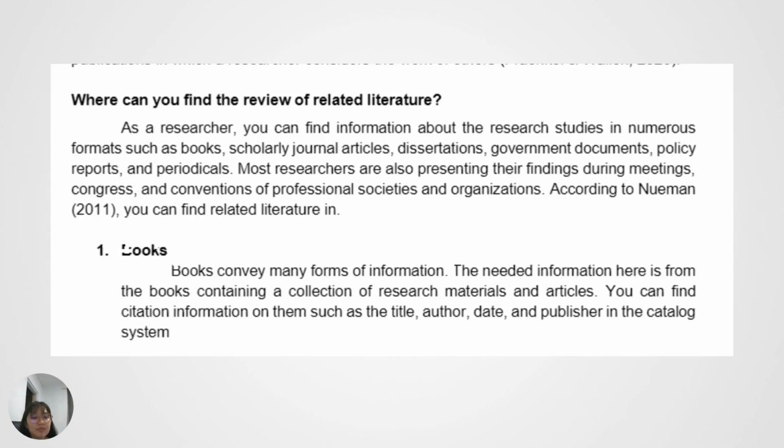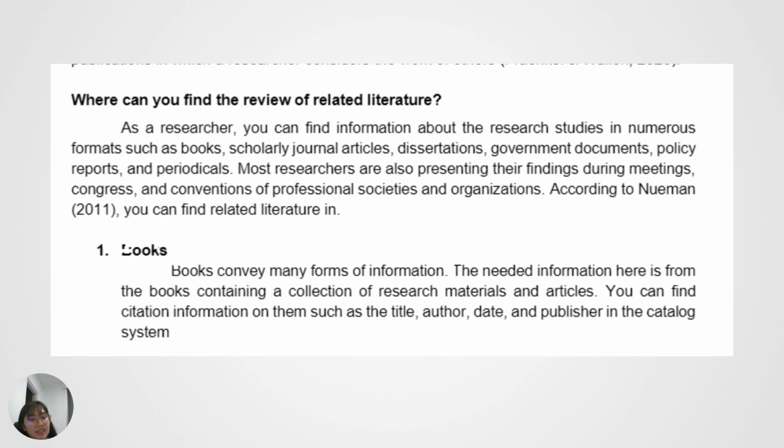Okay. Where can you find the review of related literature? As a researcher, you can find information about research studies in numerous formats such as books, scholarly journal articles, dissertations, government documents, policy reports, and periodicals. Most researchers also present their findings during meetings, congresses, and conventions of professional societies and organizations.